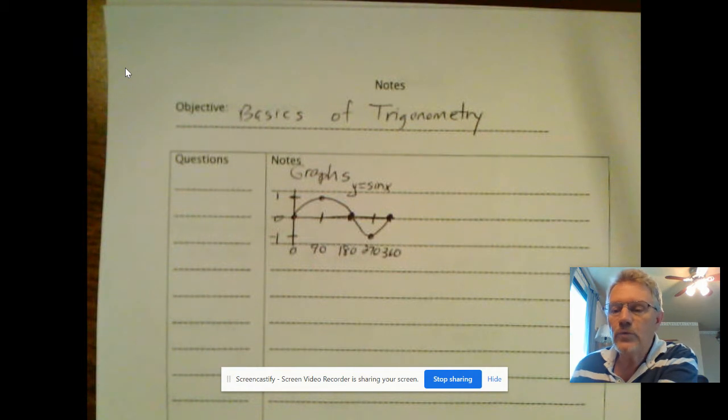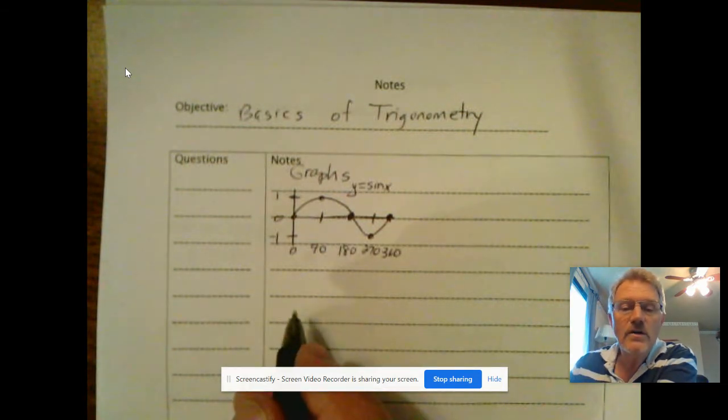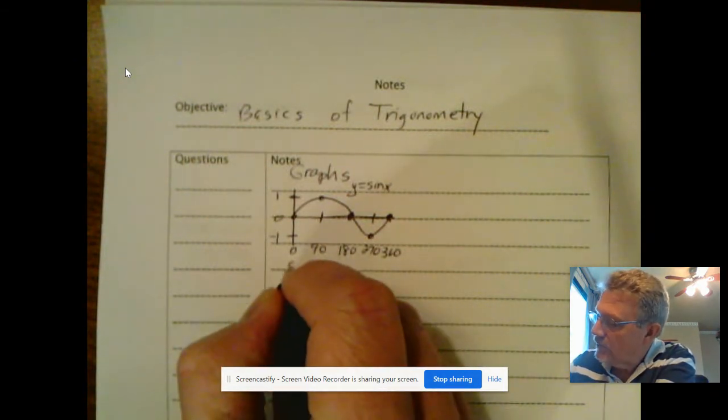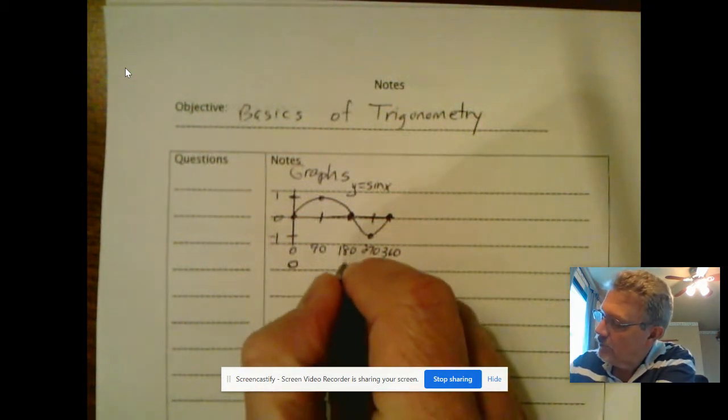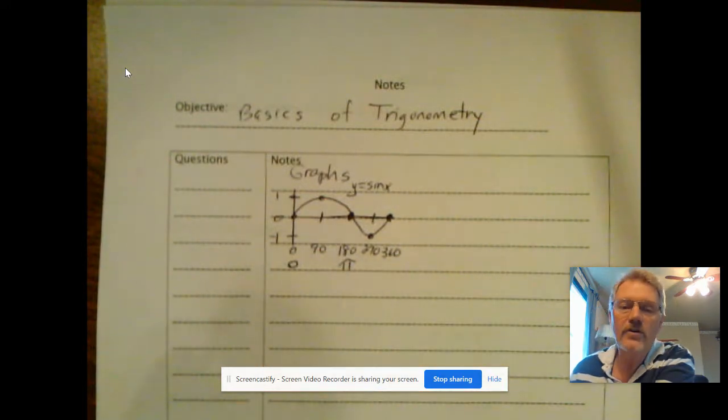And if we're talking about radian mode, which is another way of measuring, it goes in place of those degrees. In radians, 0 is still 0. We talked about pi radians being equal to 180 degrees.